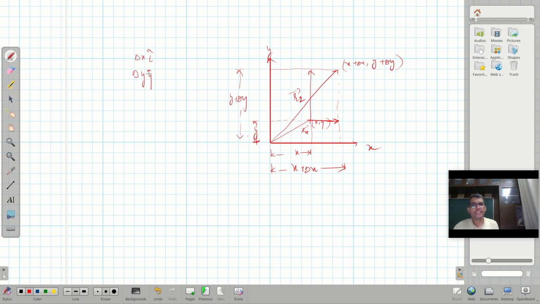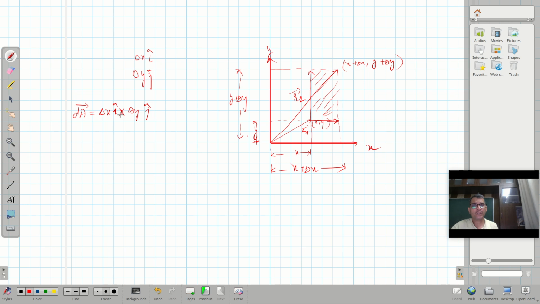Then this small rectangular area is represented by delta x i cap and delta y j cap, and say this area is represented by dA vector.